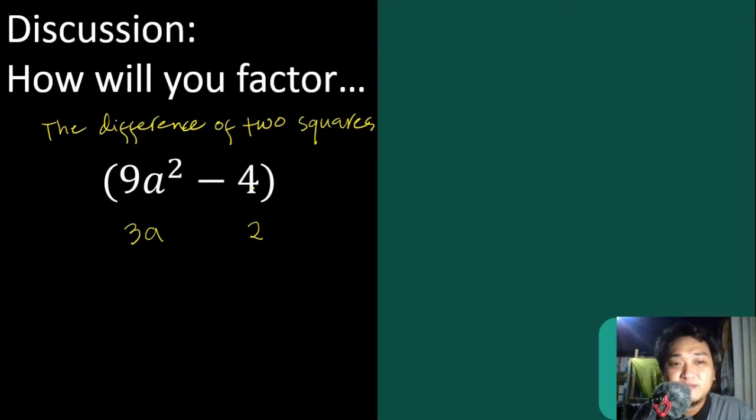9a squared minus 4. Since kinuha na naman natin yung mga square root nila, all we have to do is to rewrite this into factors. Factors of two quantities. So, that will be 3a minus 2 times 3a plus 2.